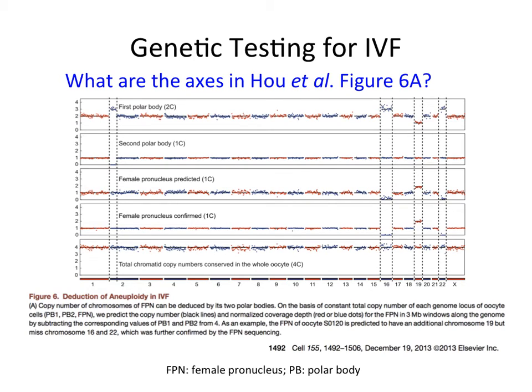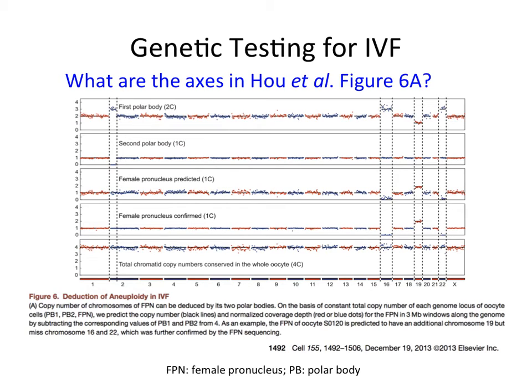Even though during meiosis they end up getting different pieces of DNA, does the DNA in the polar bodies tell us about the DNA inside the oocyte? Exactly right. So how can we use the polar bodies to figure out what the genotype of the oocyte is? That's what this paper is all about.